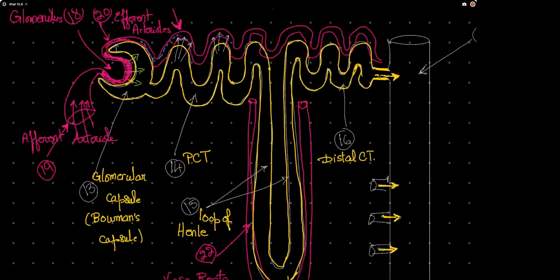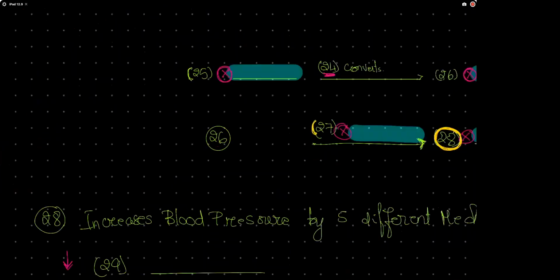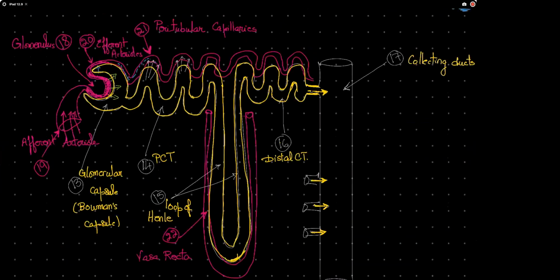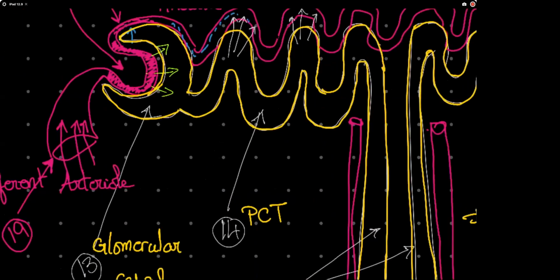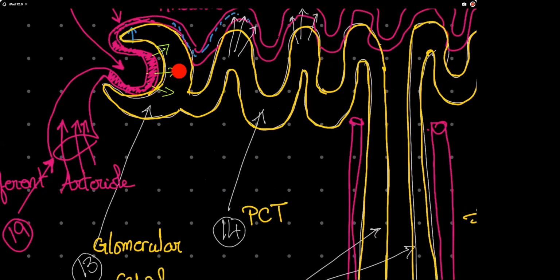So who hates low blood pressure? If I don't have enough blood pressure coming in, would I be able to filter the blood? Would there be any pushing force to push this fluid out from the blood into the Bowman's capsule? No. So without having enough blood pressure, what's going to happen?